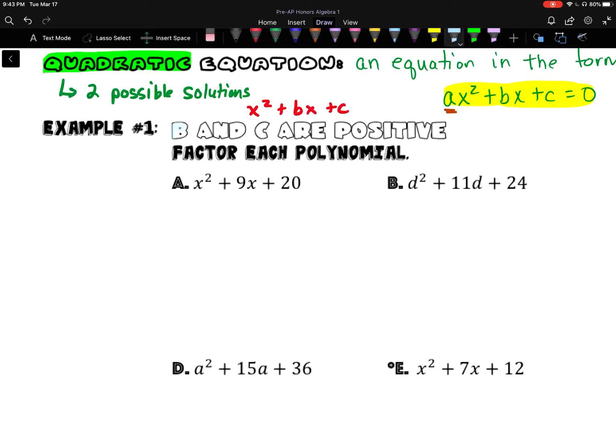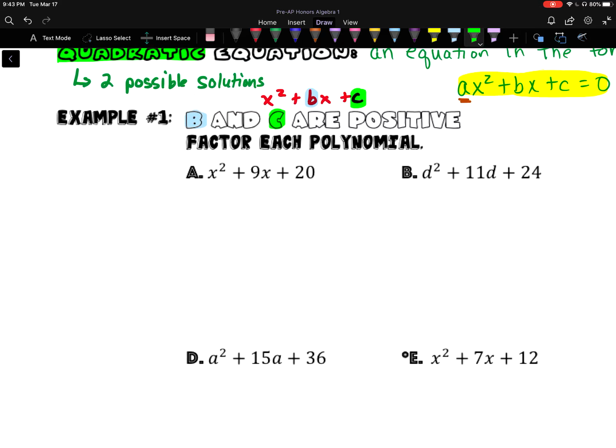In this first part, b is going to be positive and c is also going to be positive. So what we're looking for in this first example, x squared plus 9x plus 20, is our factors of 20.